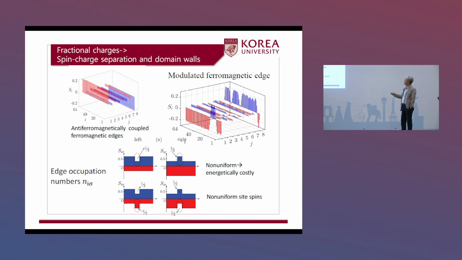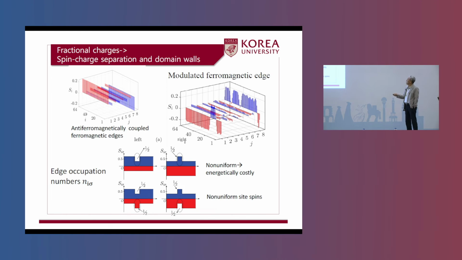Now suppose you move 1/2 electron from the left edge to the right edge. It costs a lot of energy because the density is no longer uniform. It's non-uniform, so energetically it's costly.